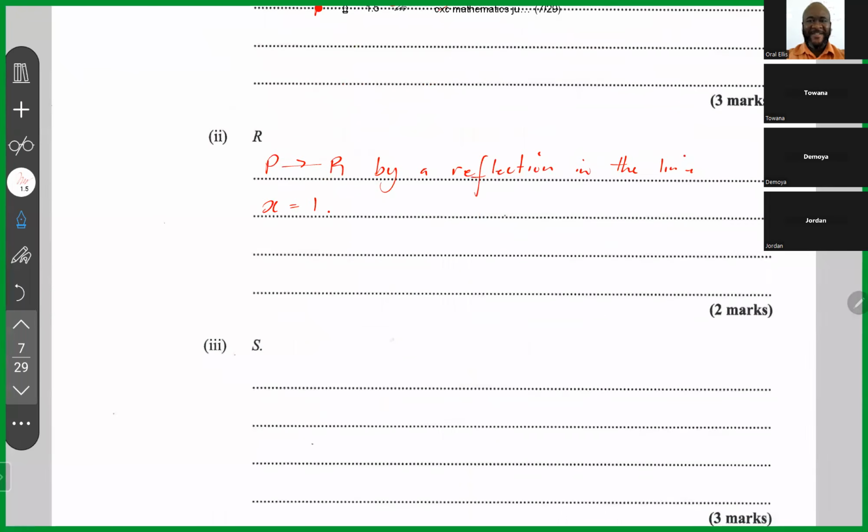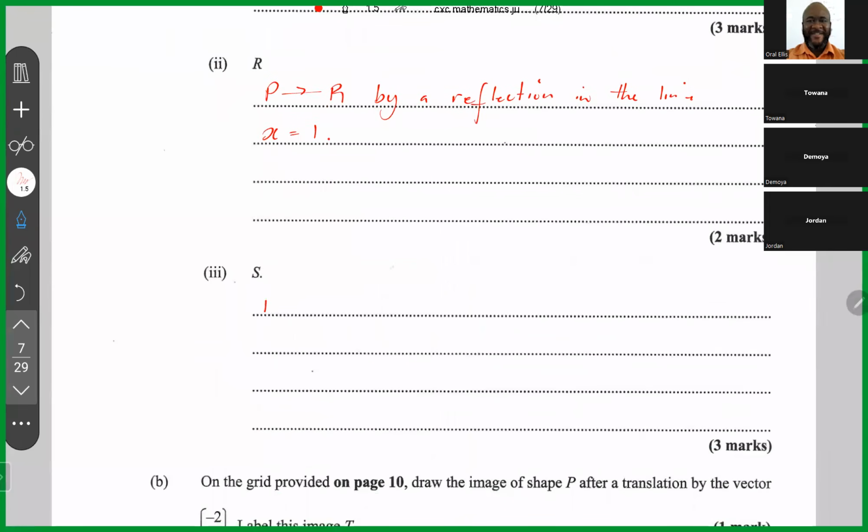I can say that the shape P is mapped onto the shape S by an enlargement, center 7, 11 and scale factor equal to 2.